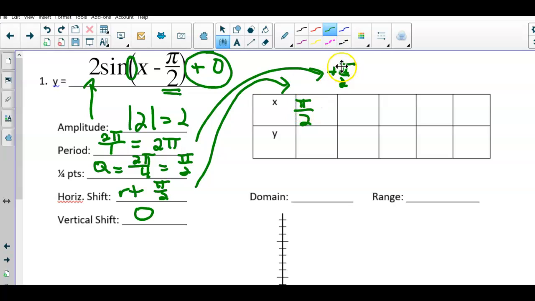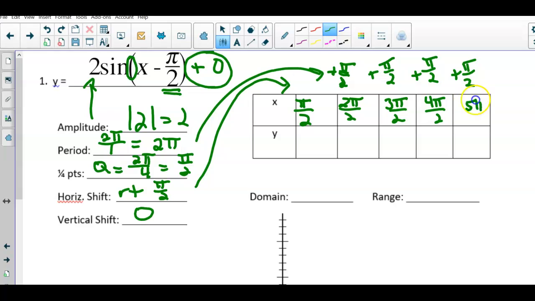Well, pi over 2 plus pi over 2 is 2 pi over 2. And I just keep doing that. 2 pi over 2 plus pi over 2 is 3 pi over 2. 3 pi over 2 plus pi over 2 is 4 pi over 2. 4 pi over 2 plus pi over 2 is 5 pi over 2. They're my 5 x values.